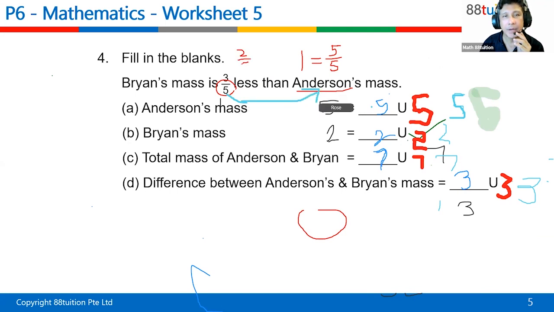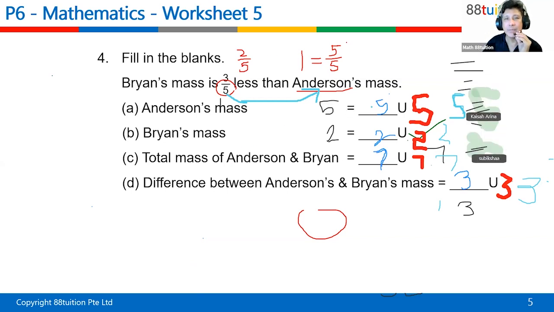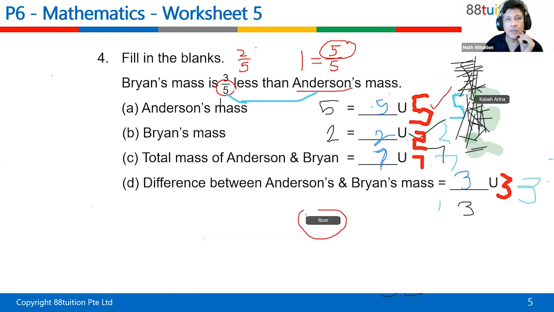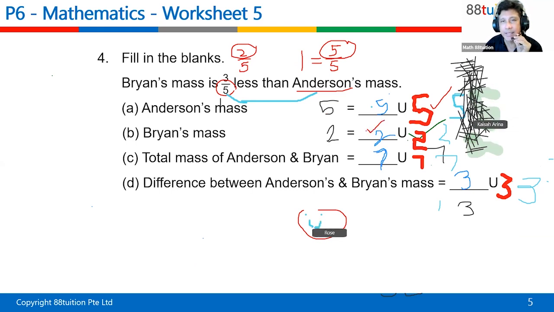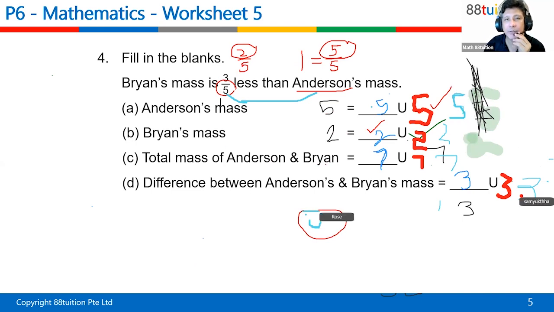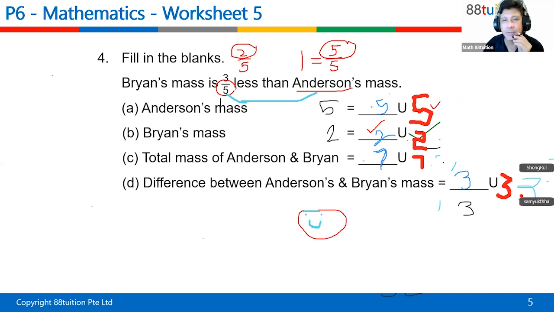Okay? And when Brian is 2/5, now we want to talk about the number of units. Anderson, you just pick the numerator, 5 units. Okay, so that is correct. Then Brian, because you minus the 3 units, it's 2 units. Quite a number of people wrote 2 units. Then the total for Anderson and Brian, you need to take the 5 and the 2 and add together. Yes, you get 7.